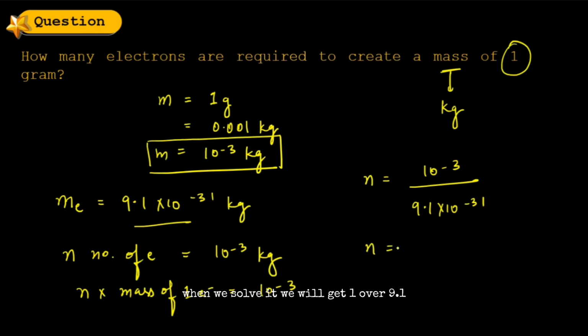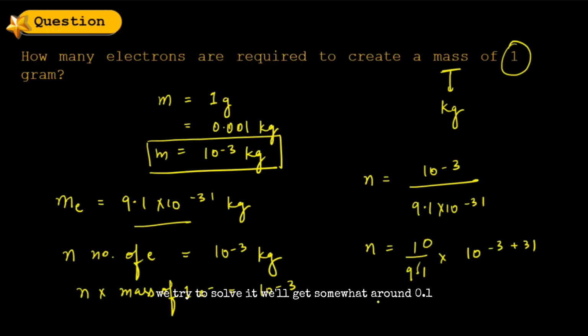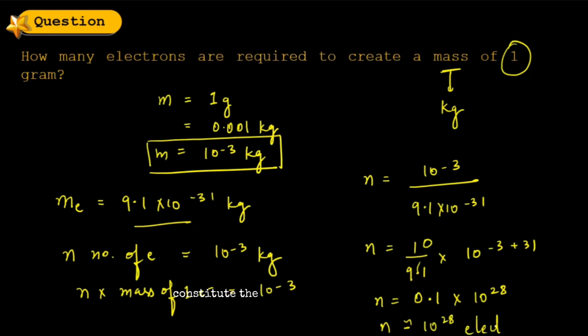So when we solve it, we'll get 1 over 9.1 times 10 to the power minus 3 plus 31. If we try to solve it, we'll get somewhat around 0.1 times 10 to the power 28. So almost 10 to the power 28 electrons will constitute the mass of 1 gram.